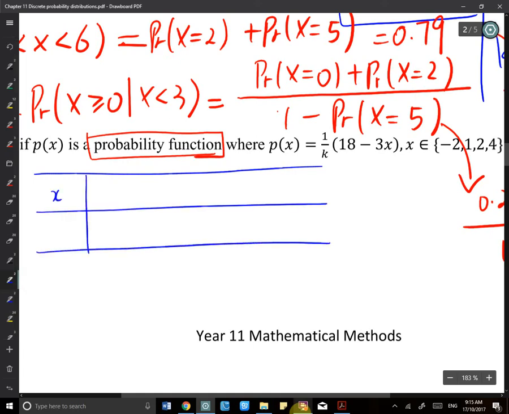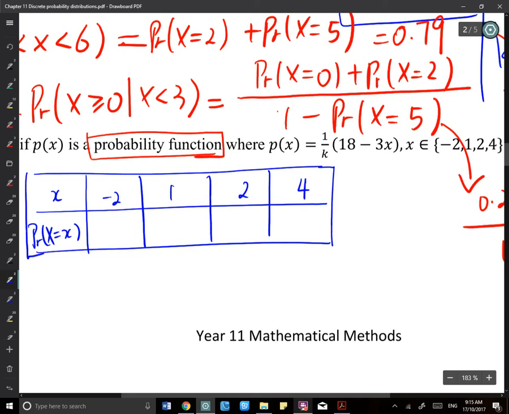We have x and we have probability x equals x. My x can take -2, 1, 2, and 4. When x equals -2, let's say P(-2) equals what? P(-2) equals 1 on 8 times (18 minus 3 times -2). That equals 24 over k.